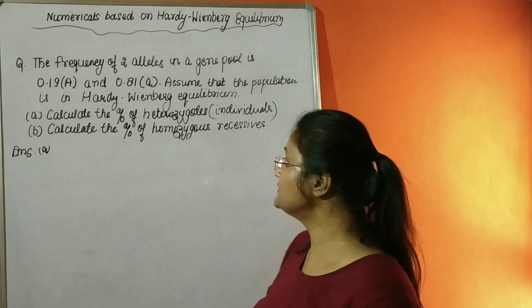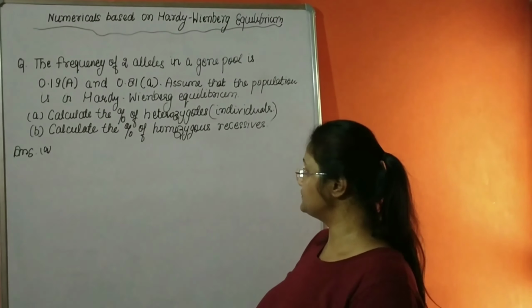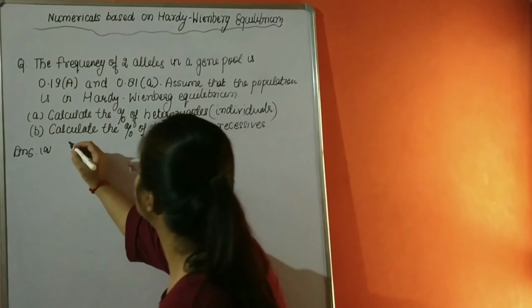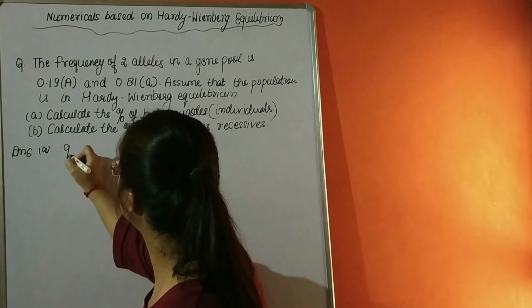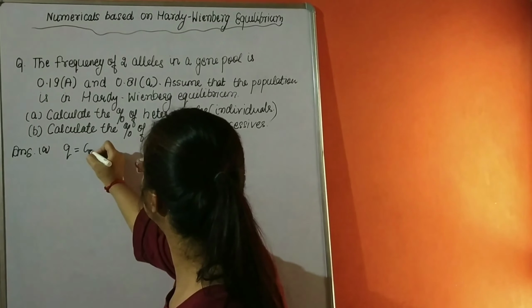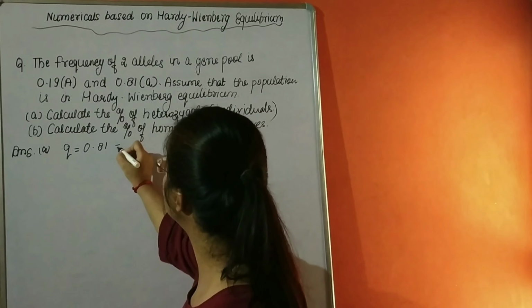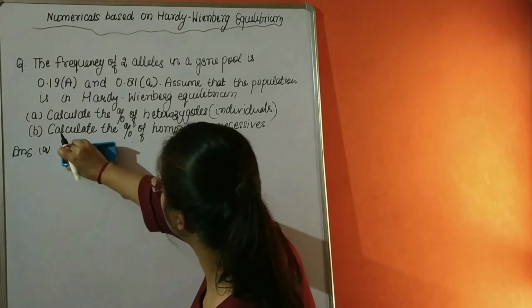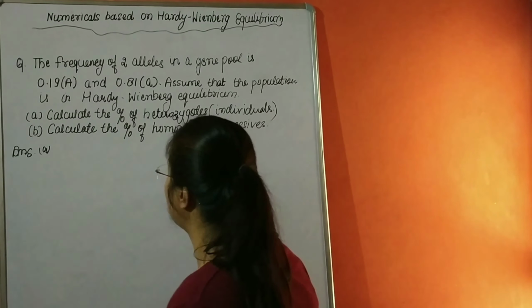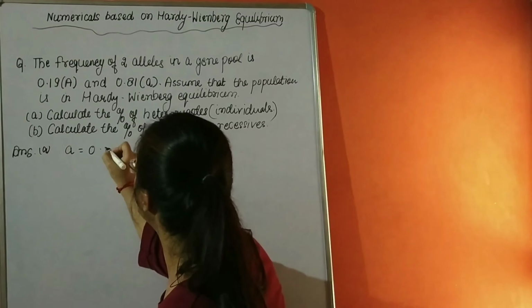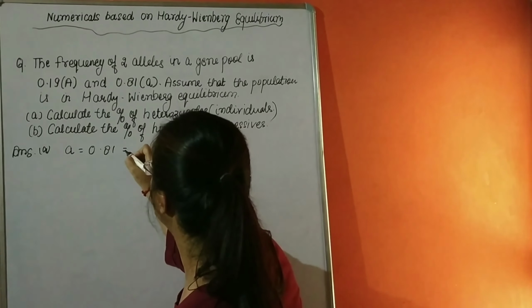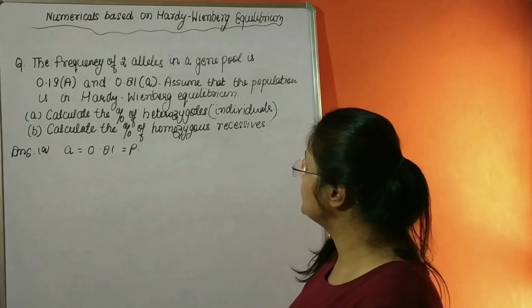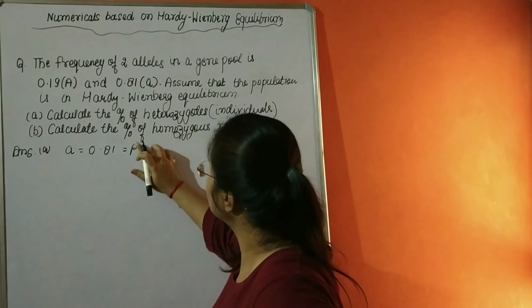So let us find out the percentage of heterozygous individuals. Small a is 0.81, and this is q.